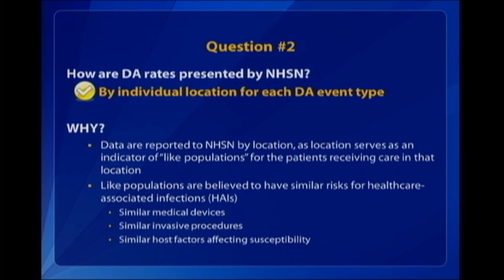So you could look too high or too low. And we want you to get the best accurate depiction of your data. Like populations are believed to have similar risks for healthcare-associated infections because they may have similar medical devices, similar invasive procedures, or similar host factors that may affect their susceptibility.